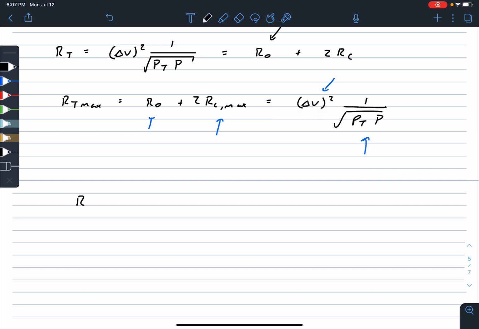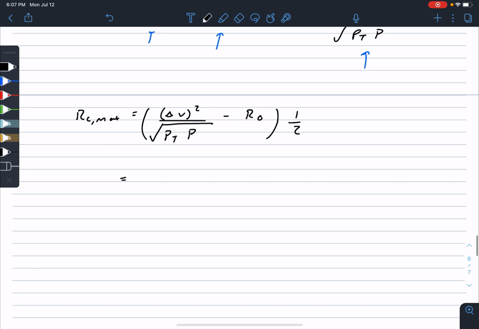So then, RC maximum is equal to delta V all squared over total power times the initial power, under a square root, minus R naught. This is all times a half. So we plug all these values in. We now have total power P sub T equal to 525 watts.